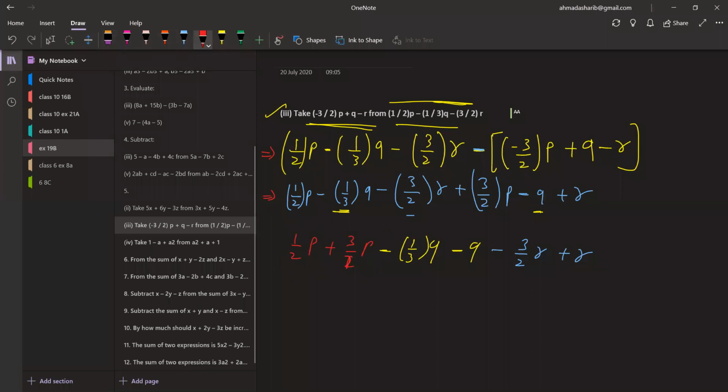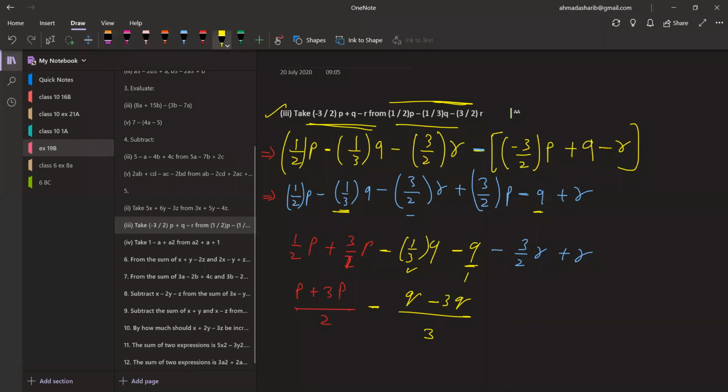So what is the LCM of 2 and 2? 2. So this will become p plus 3p. Okay, now take LCM in 3 and 1. This negative sign, then 3 and 1, the LCM is 3. So write q as it is, minus 1 3s are 3, so 3q here.